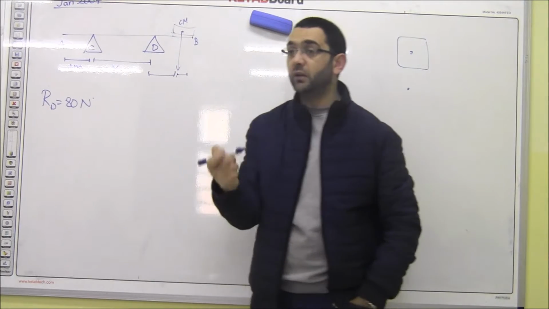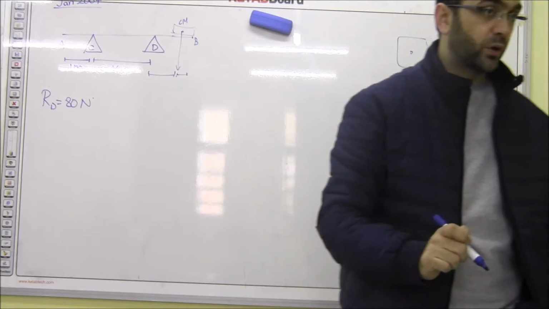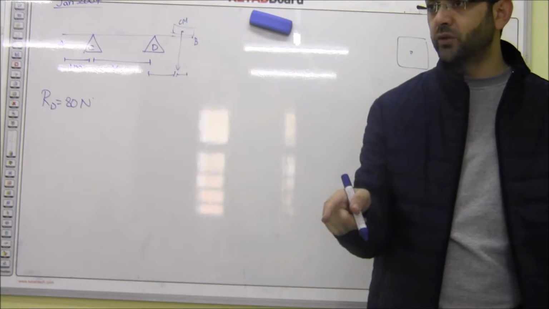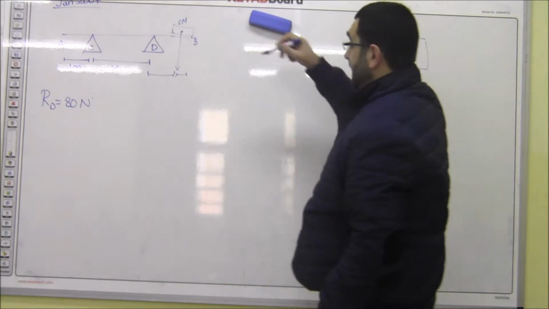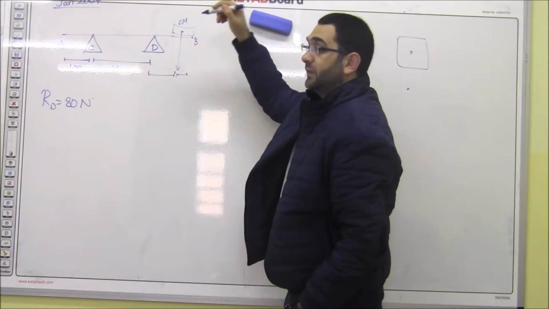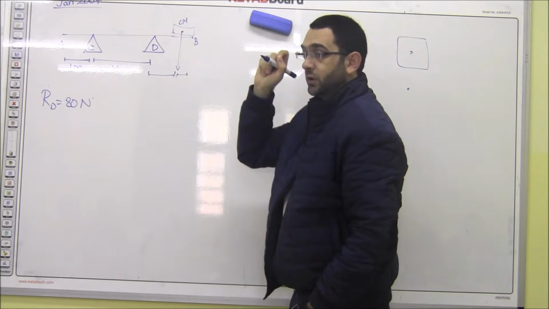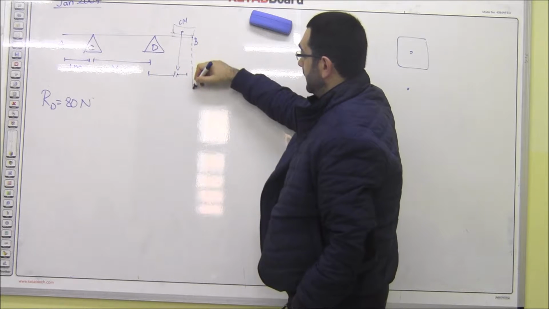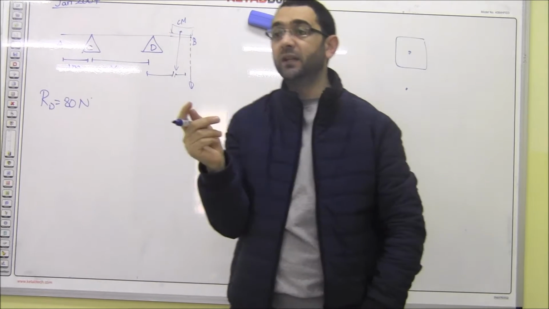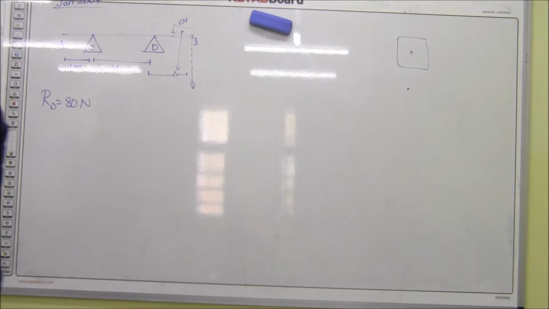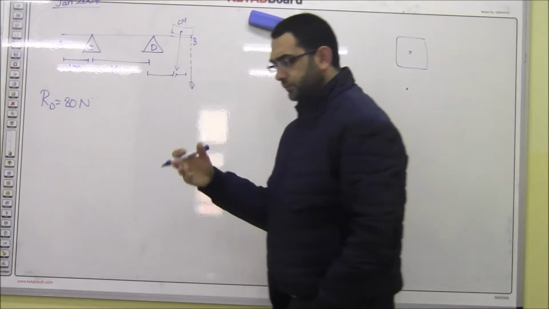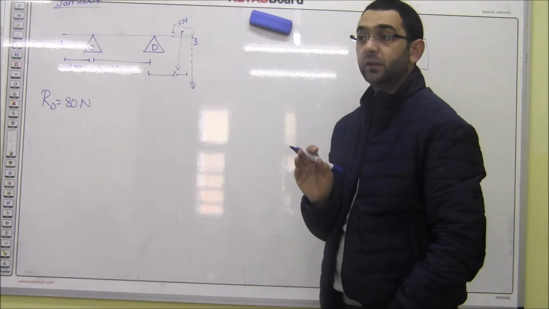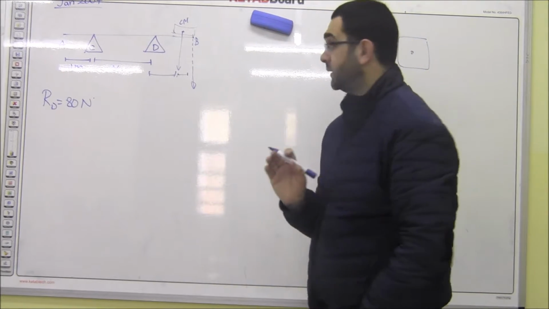This slight change may cause error in calculation. Any question about this? But always I have to consider it as a particle, so I will be sure that the center of mass lies exactly at B. If it's not a particle, the center of mass may be slightly shifted from B, which makes a certain error in our calculation. Clear? Okay guys, any question?